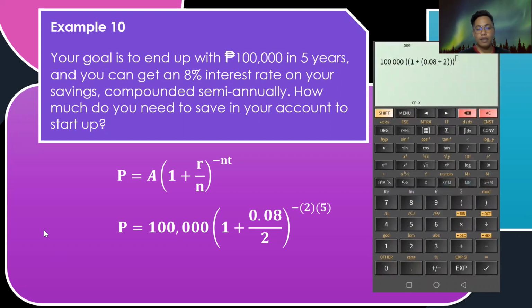So I tried negative first. So I grouped the negative with 2 already. I multiply that, negative 1 to 2, giving me negative 2. So that's negative 2 times 5. Anyway, once again, you can have it raised to negative 10 directly because you can simplify that easily.